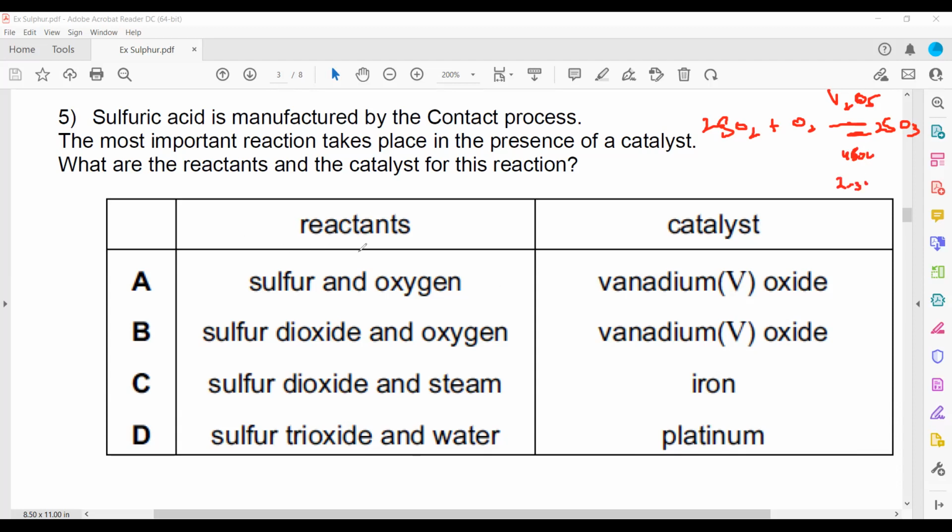The process starts with sulfur and oxygen, but the most important reactants are sulfur dioxide and oxygen. When they mix in the presence of vanadium pentoxide as a catalyst, they give sulfur trioxide, and the amount of sulfur trioxide decides how much sulfuric acid we will get.